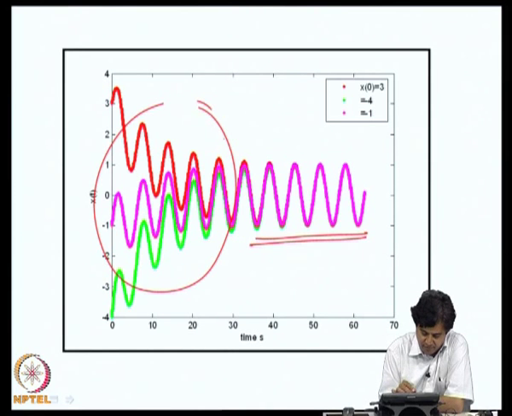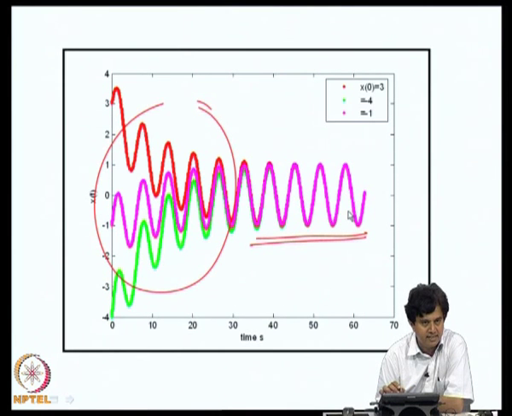That means, for small time the response depends on initial conditions and is aperiodic, but for large time it becomes independent of initial conditions and it reaches a steady state, in the sense amplitude of this response and the phase difference with the excitation becomes constant.